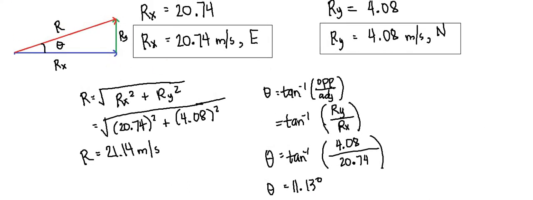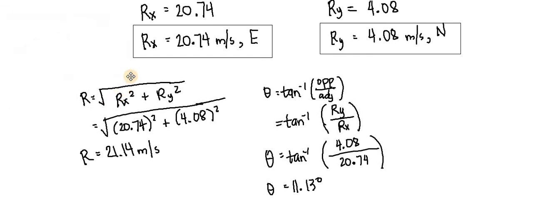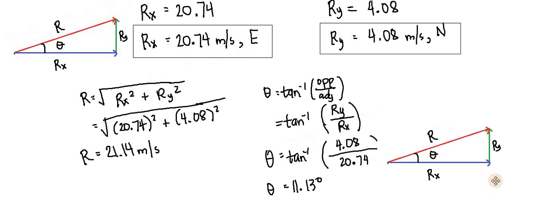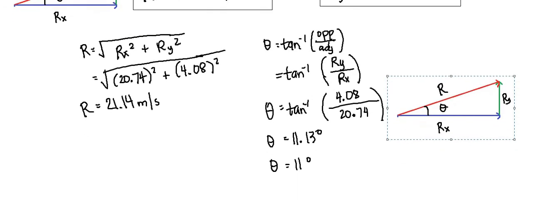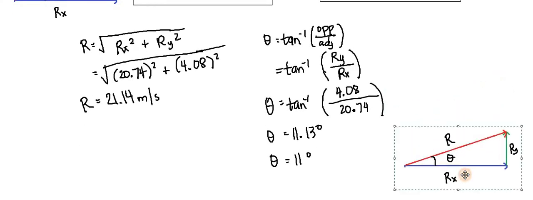Okay, copy natin dito si vector. And this is now, the direction will be from north attached to east. So that's a north of east.